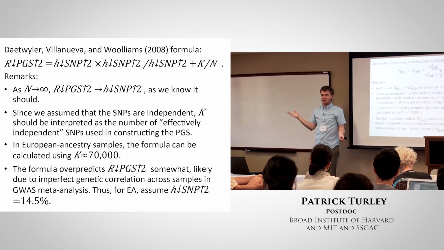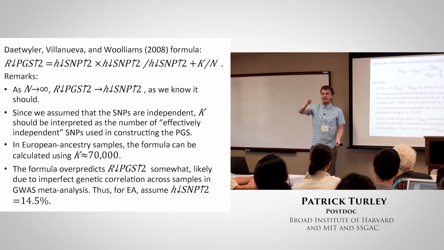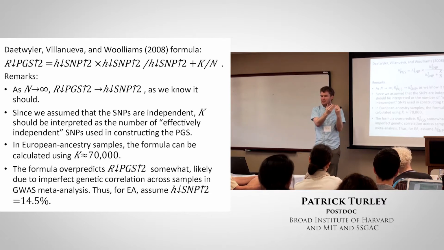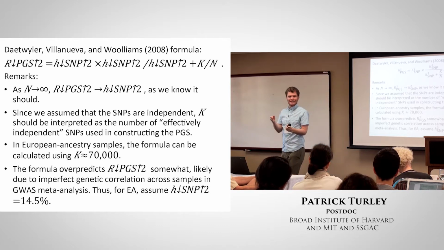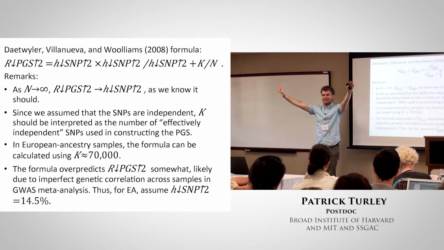An easy way to do this would be to split it in half: put one sibling in the discovery and one sibling in the replication. This makes estimation easier because you won't have to account for within-family correlation. We have a cross-family sample. So what's the problem with having one sibling to make the score and the other sibling to test it?